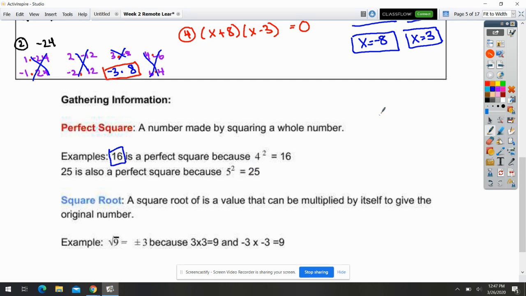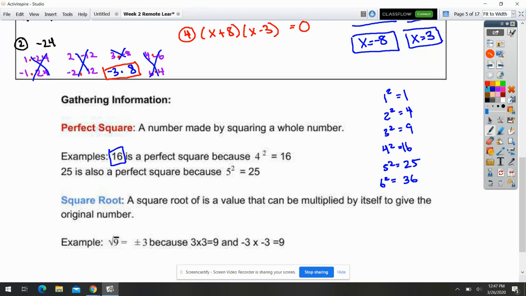So I'm just going to list down all the perfect squares. So 1 to the second power is 1, 2 squared is 4, 3 squared is 9, 4 squared is 16, 5 squared is 25, 6 to the second power is 36, and all of these numbers here are perfect squares, okay?